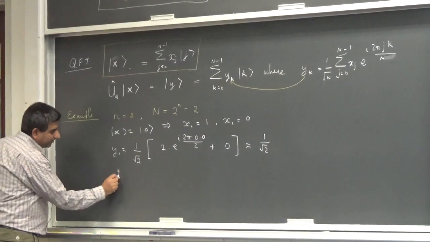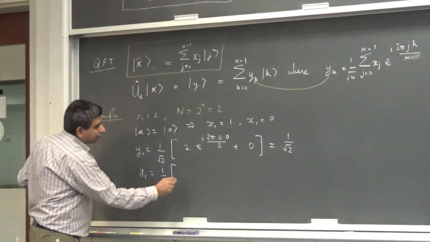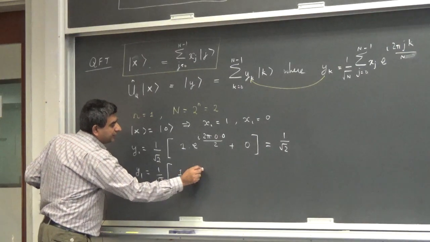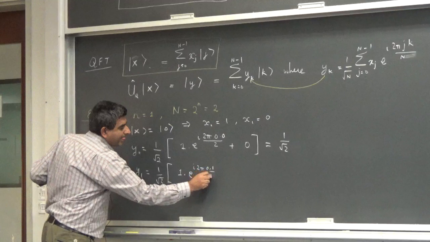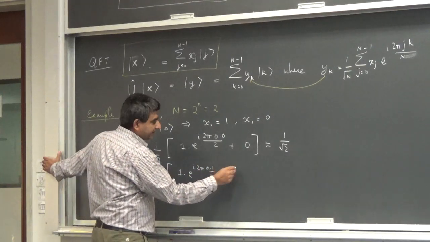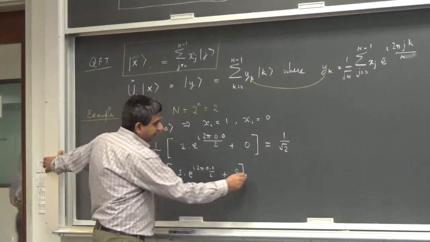Let's compute y1. y1 likewise is 1 over root 2, my x0 is 1, e^(i 2π j), j is 0, dotted with 1 over 2, plus my x, this is 0 anyway. This is again 1 over root 2.